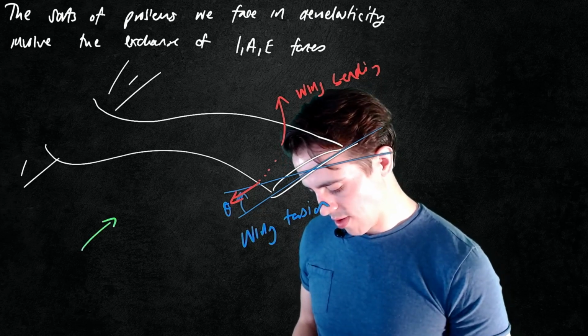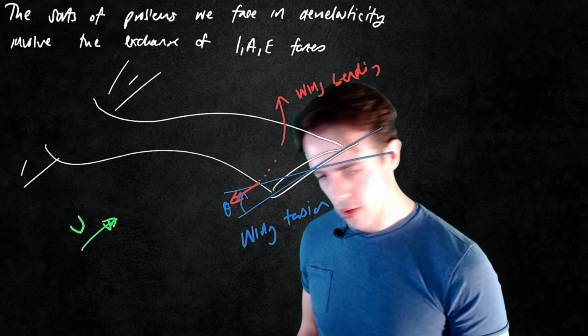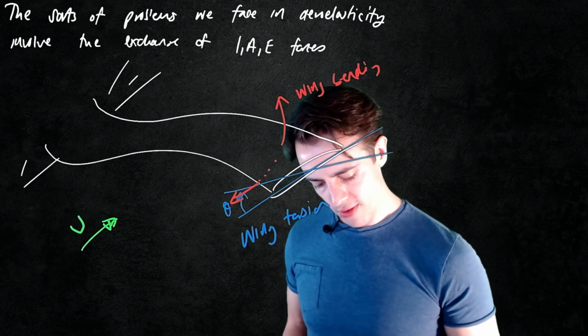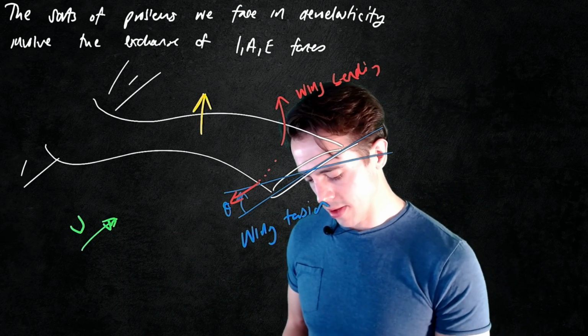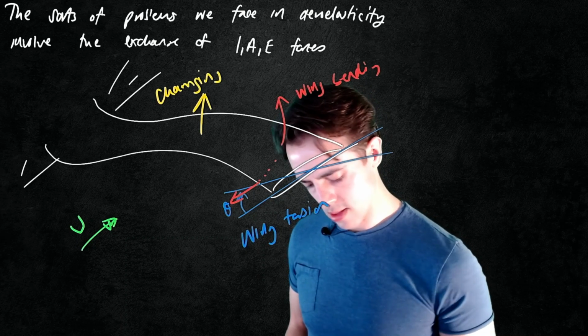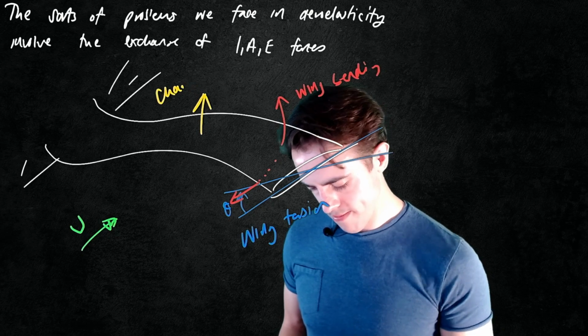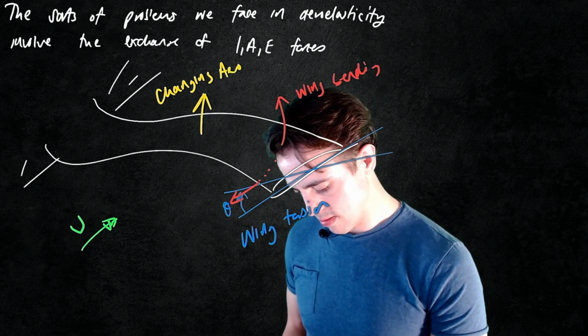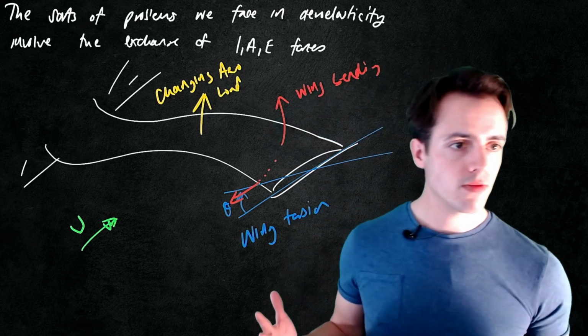We have a free stream velocity, which we'll call U, just to put you in good stead for aircraft flight mechanics. And then we've got a changing aerodynamic load on the wing. And it changes for the reasons that we've discussed.